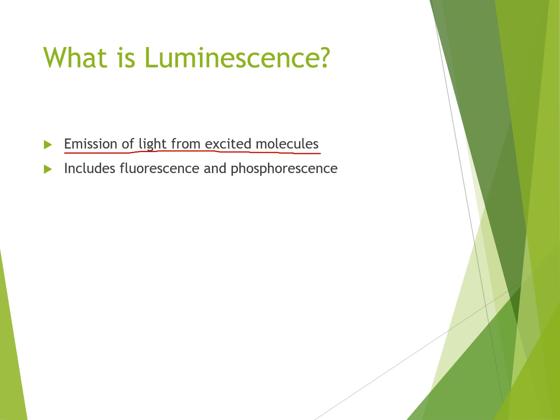Luminescence comprises two processes, fluorescence and phosphorescence. These are two important phenomena which can be studied in detail. Fluorescence is the immediate emission of light after absorption of radiation. This emission occurs within nanoseconds.